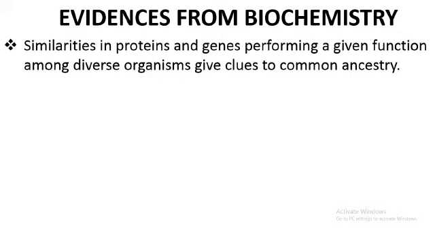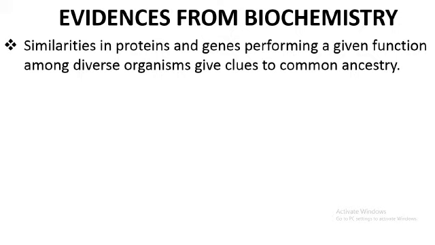The genes which code for different proteins are one and the same in all organisms. So these similarities in the structure of proteins or genes for forming a given function indicate that there is an interrelationship between different organisms. Therefore it gives a clue for common ancestry.